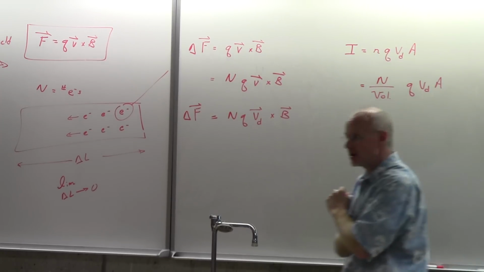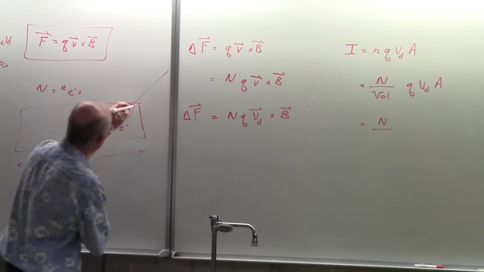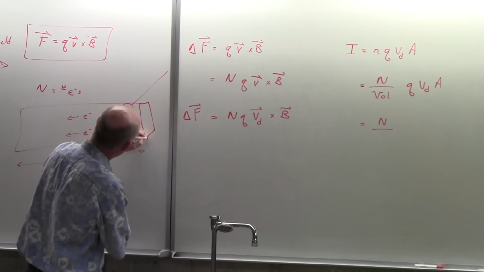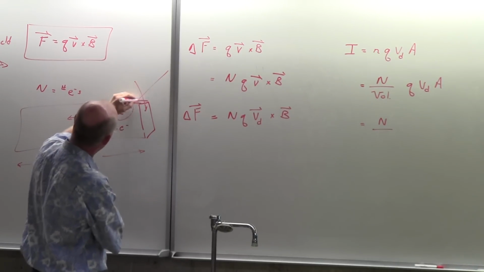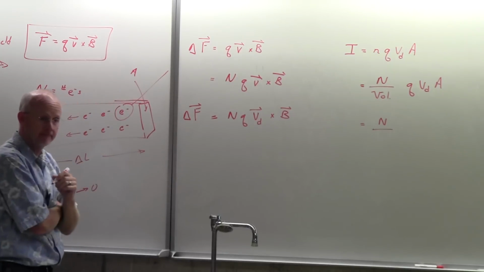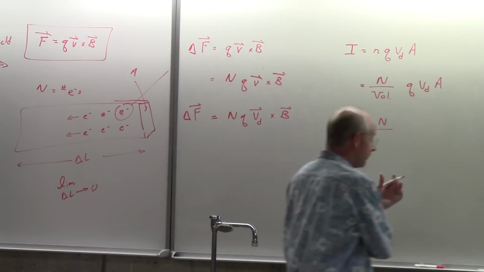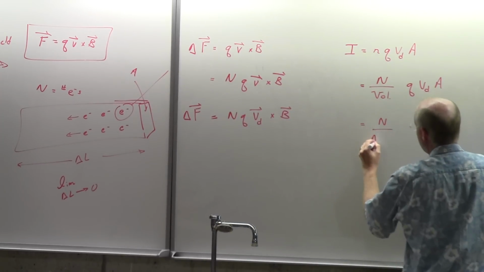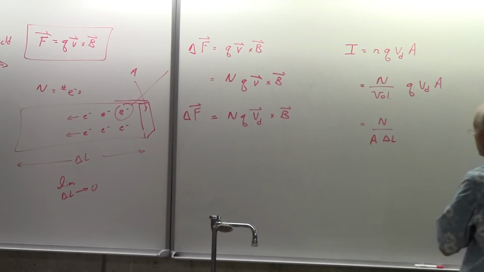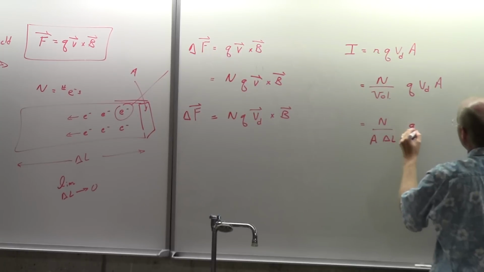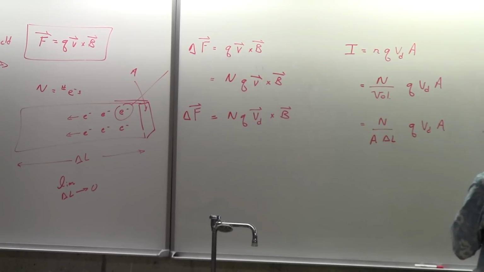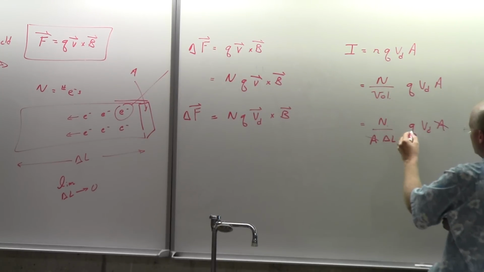If I look at this little section of wire, and maybe I should give it some thickness here, this would be the area, right? And if we're talking about a length of delta X, or delta L, wouldn't this be A times delta L, Q VD A? And then doesn't the A's cancel off? And in fact, maybe now you're beginning to see it. NQVD.